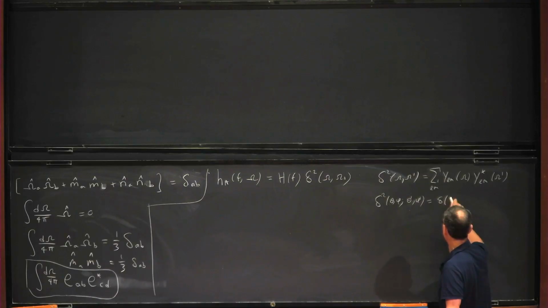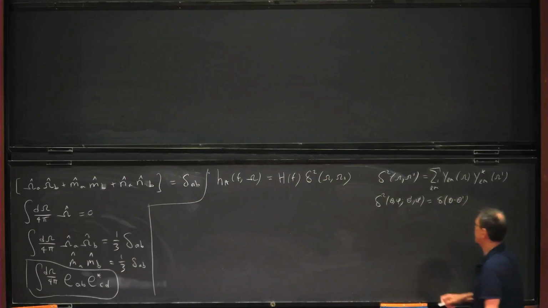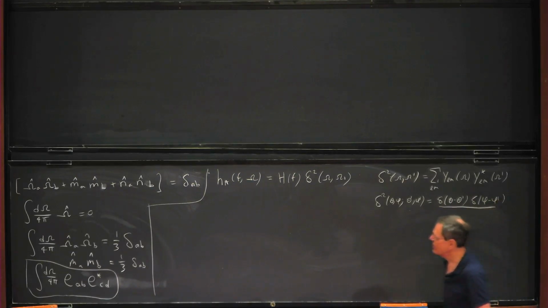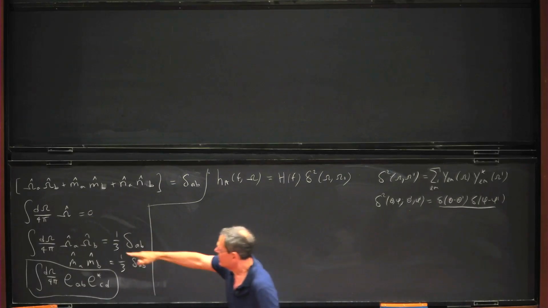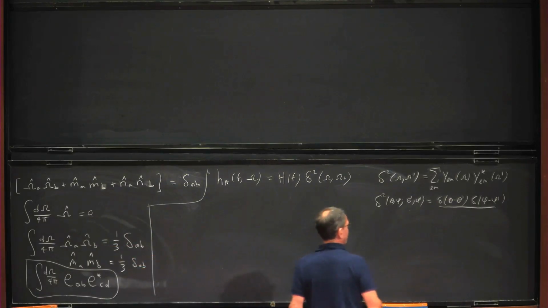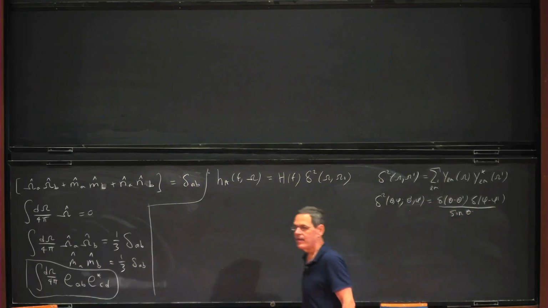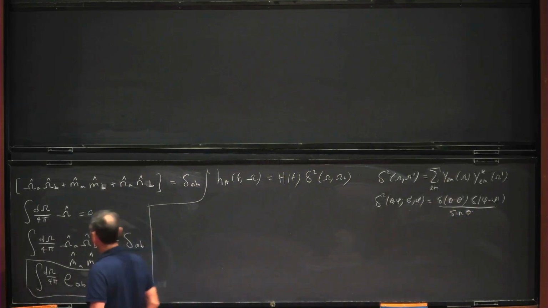That's a delta function of theta minus theta prime, times an ordinary Dirac delta function of phi minus phi prime. And then I need something that cancels the sine theta in the measure there, so I guess that better be sine theta down there. So suppose we do that.